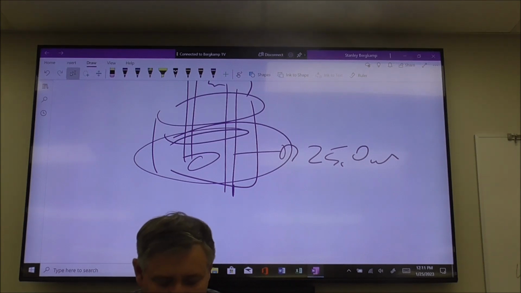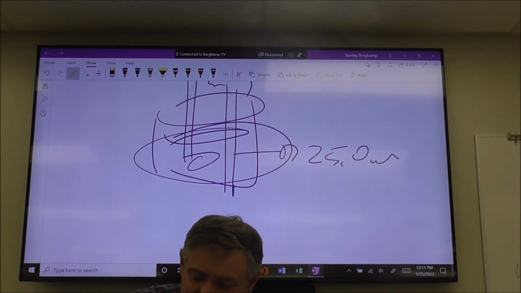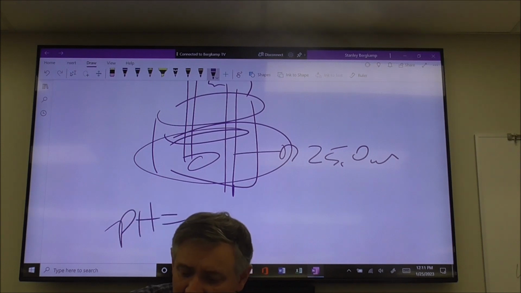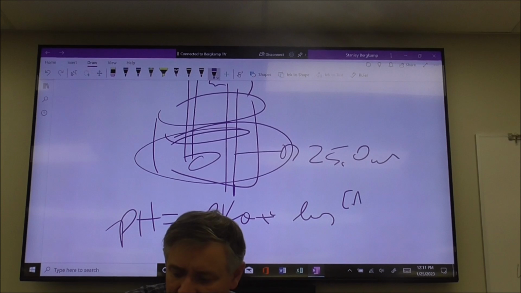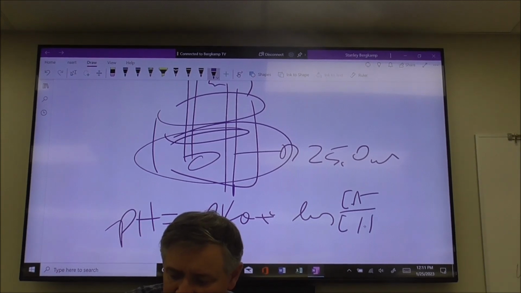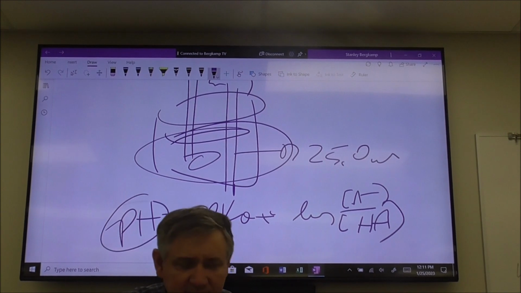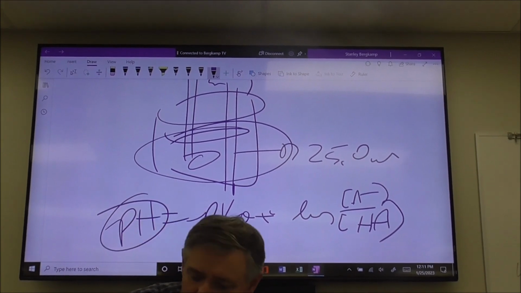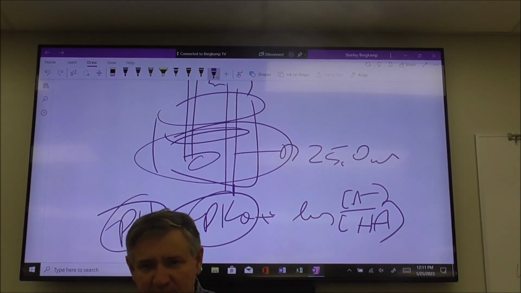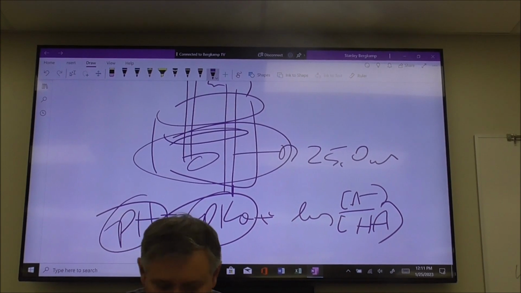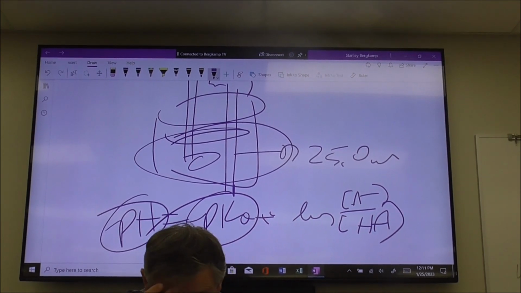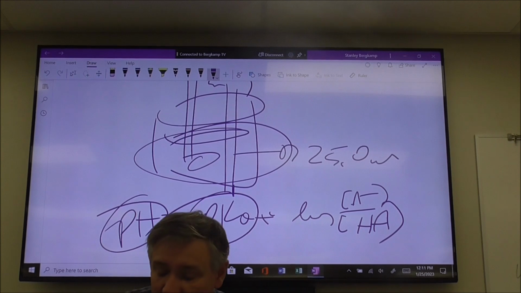Okay? So what I would recommend on that second calculation, go pH equals pKa plus the log of your anions over the concentration of your acid. You know you want a pH to end up of 6. You can find the pKa of acetic acid, which by now some of you might have memorized is 4.74.